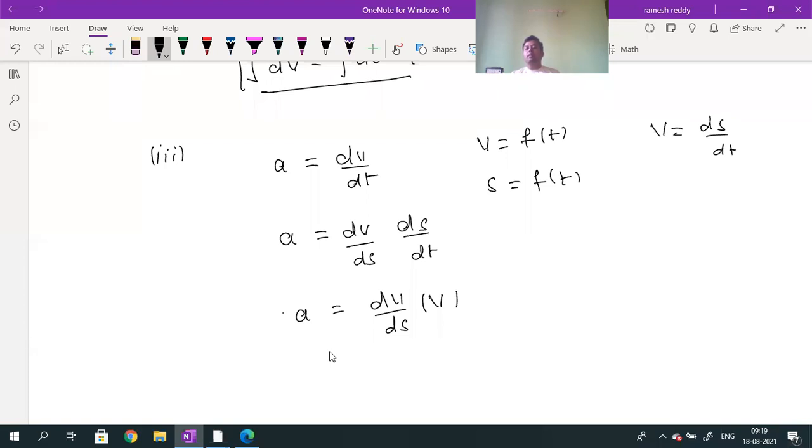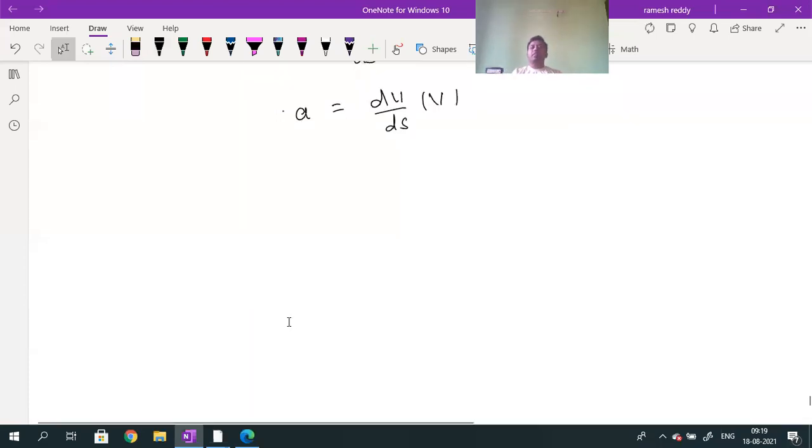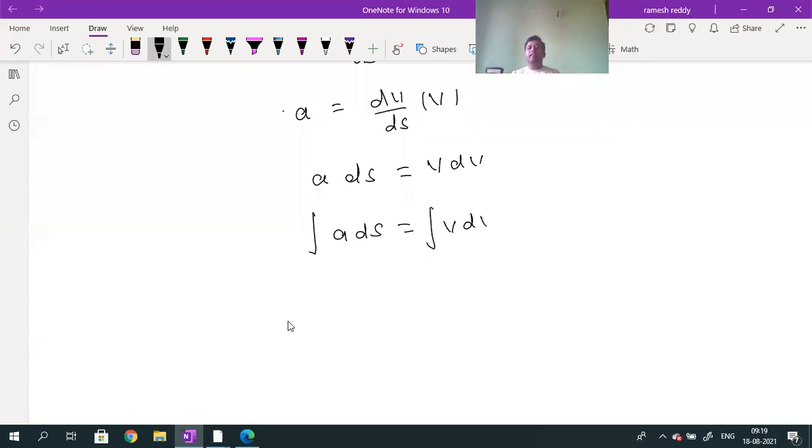Then when I cross multiply, the answer is a into ds equal to v into dv. If I apply integration, integration of a into ds is equal to integration of v into dv. This is the third equation.